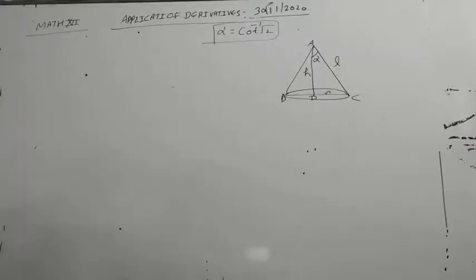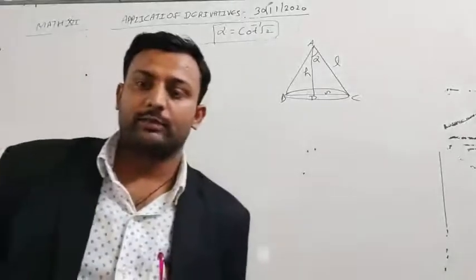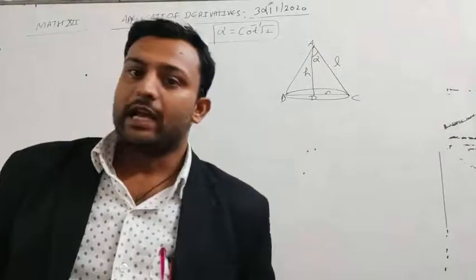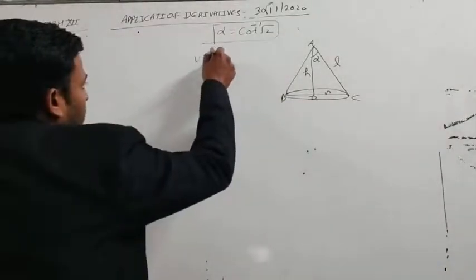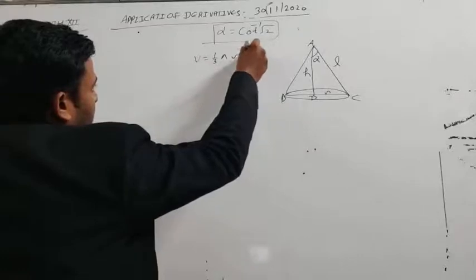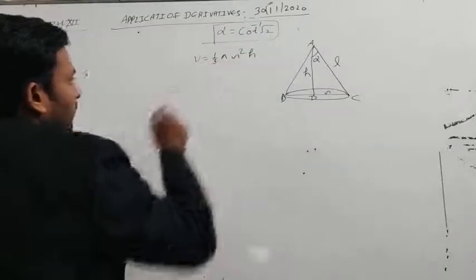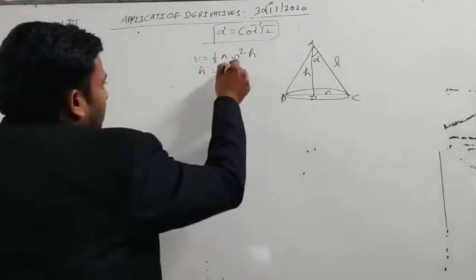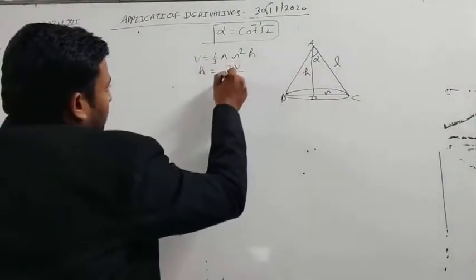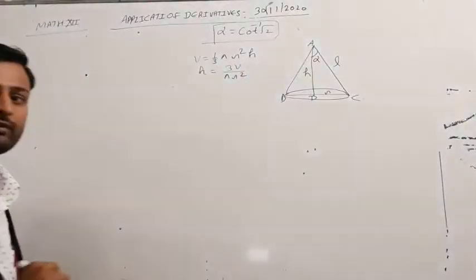So we have to minimize the curved surface area, and we have to use the volume. The volume of the cone is 1 by 3 pi r square h. So the height will be 3V by pi r square from here.